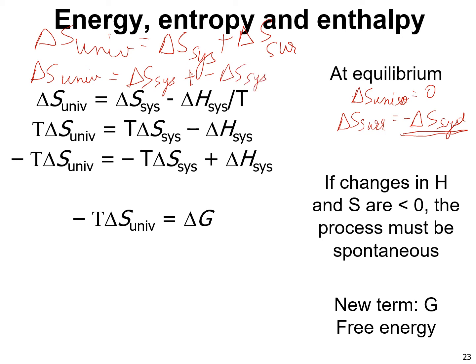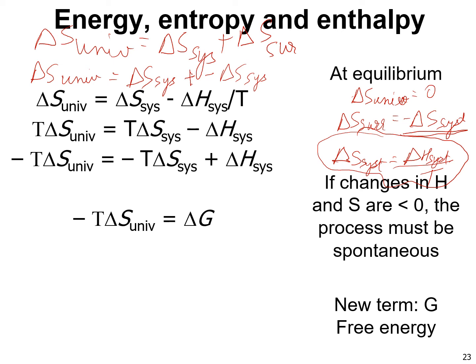Another thing that I kind of skipped in this slide is that delta S of the system can be given by delta H of the system divided by temperature, and this is true at equilibrium. I'll explain later on how we got this, but for now, remember delta S of the system equals delta H of the system over temperature.